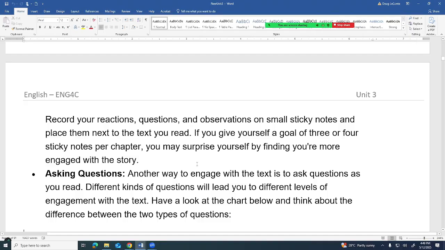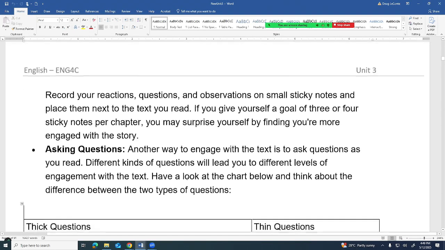You can make notes to help you find certain places in the novel that give you support for things that you might say in your novel analysis key questions.